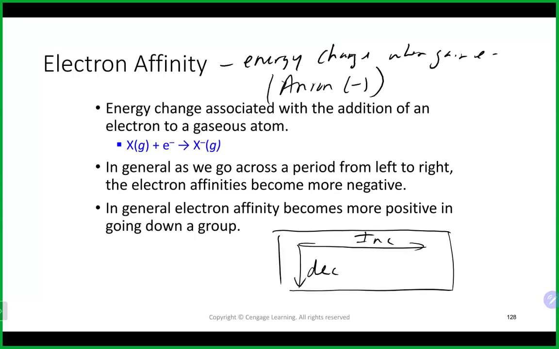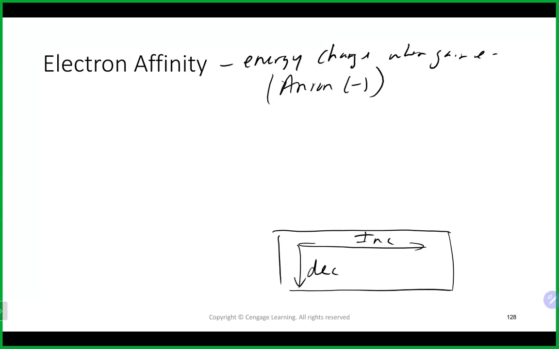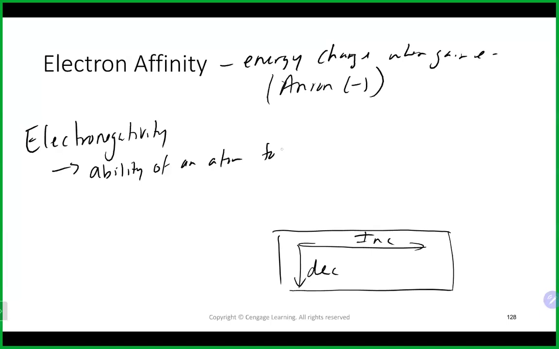Another important one that's related to this, but is not the same thing, is electronegativity, which we'll talk more about in bonding. Electronegativity is the ability of an atom to bring electrons towards itself. So electronegativity is the ability of the atom to actually just draw electrons near it.